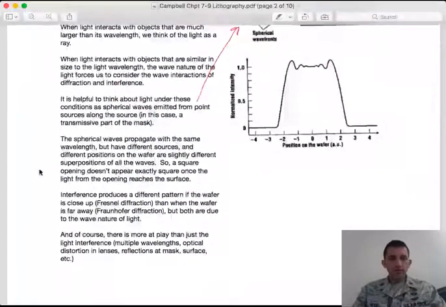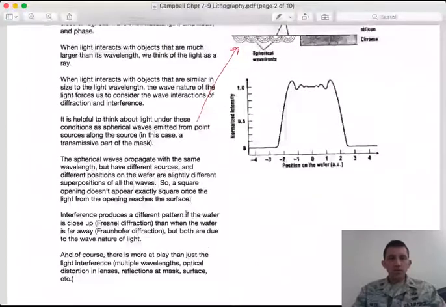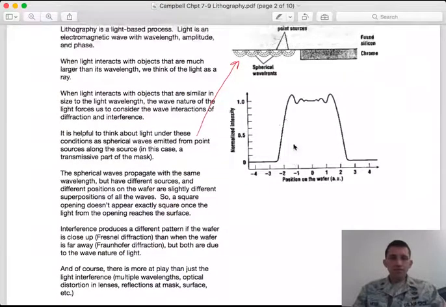Okay. And then there's two kinds of interference, and the difference between them is just the distance from the source to the focal point, I guess. If you're close up, then you get a pattern that looks like this. It's called Fresnel diffraction.